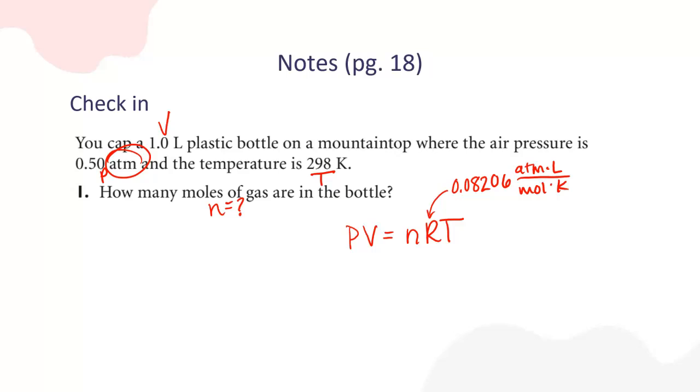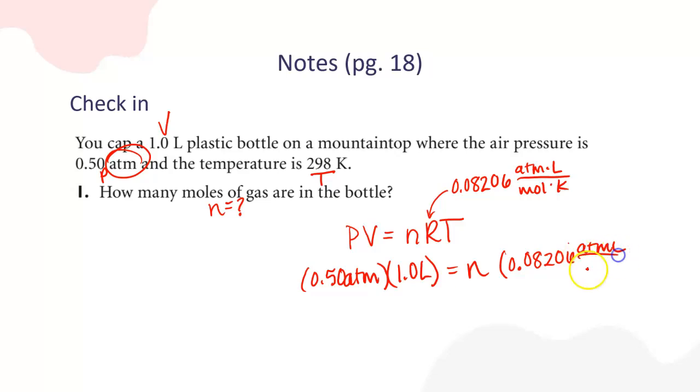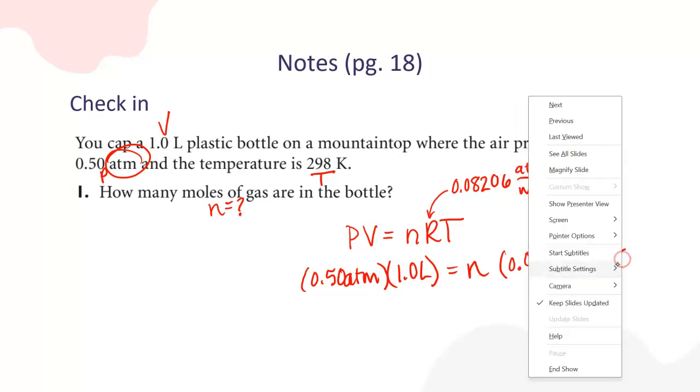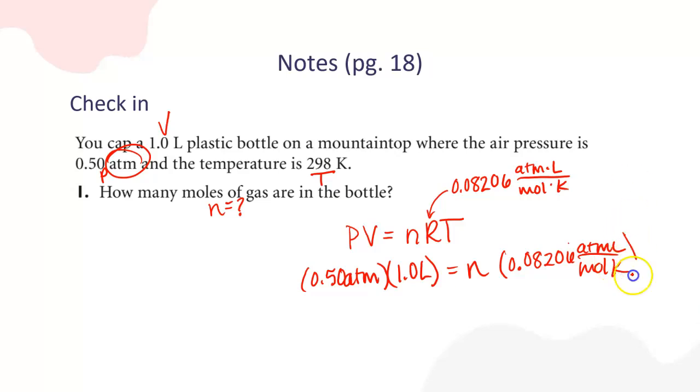Okay, now I'm going to substitute in for all my variables that I was given. So 0.50 atm times 1 liter is equal to N, that I do not know. R you will always know, it just might change depending on your units. And then T was 298 Kelvin.